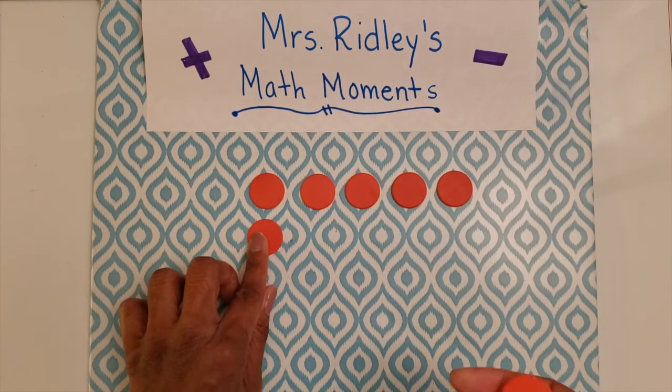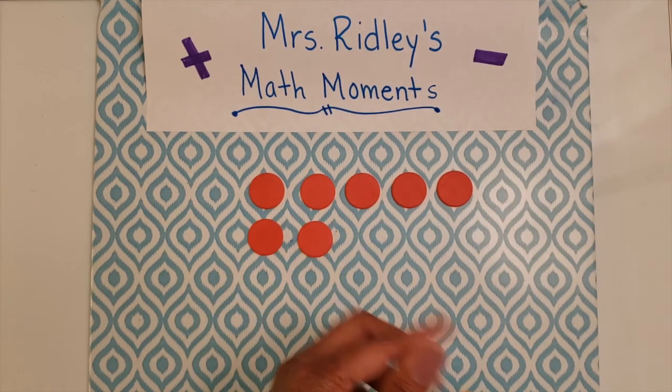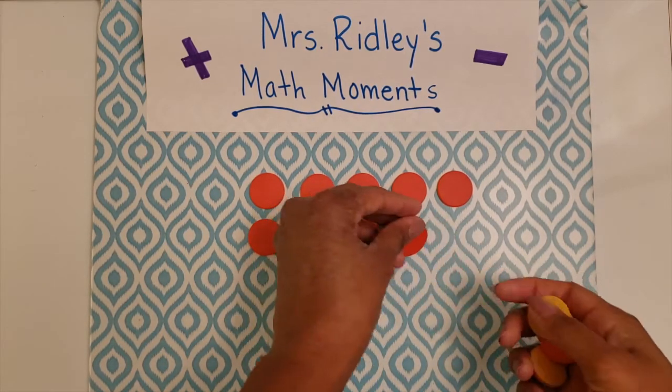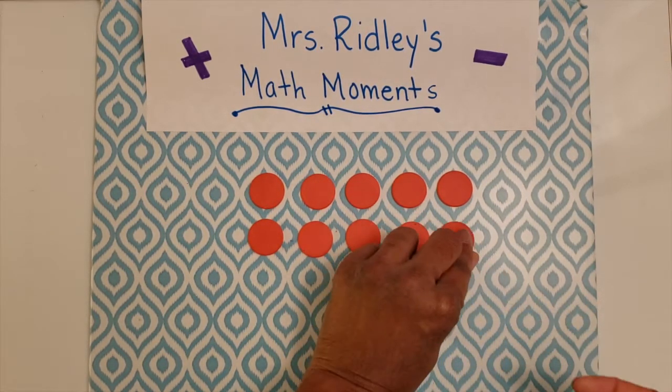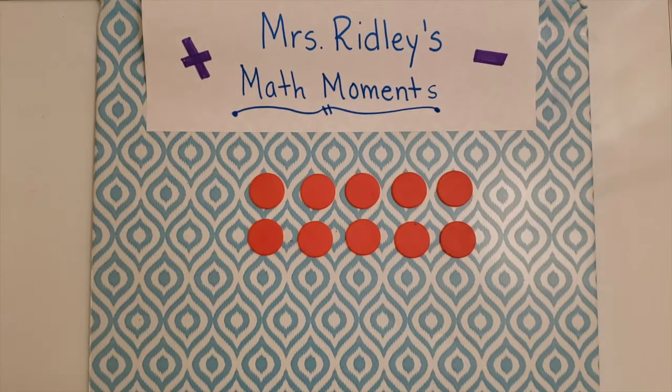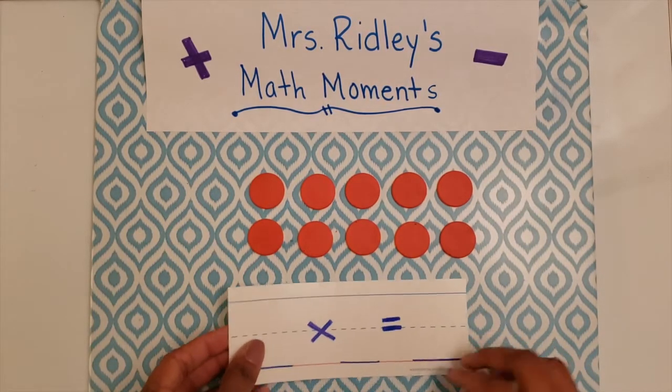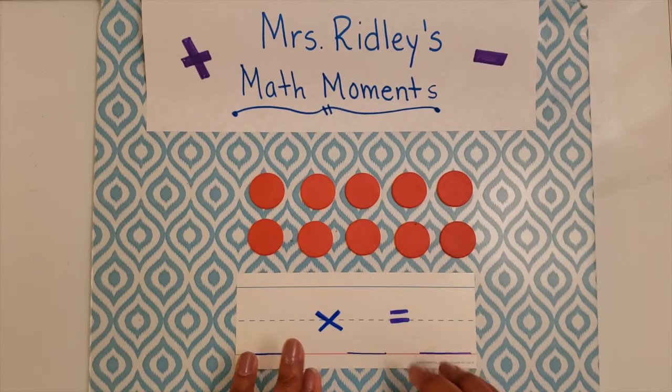I'm going to put 5 in each group. And I'm going to make 2 groups. 2 groups, 5 in each group. So let's create a multiplication equation to match this array.